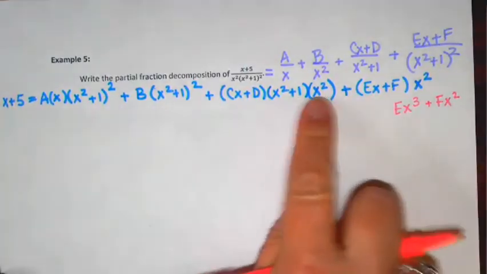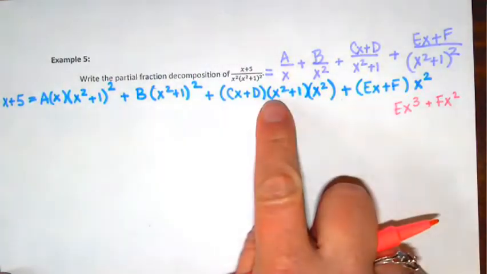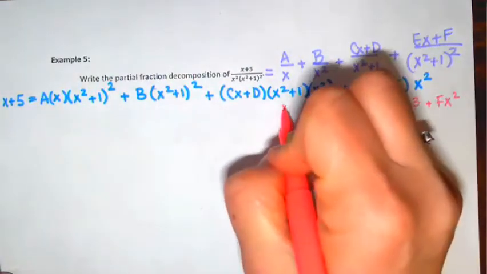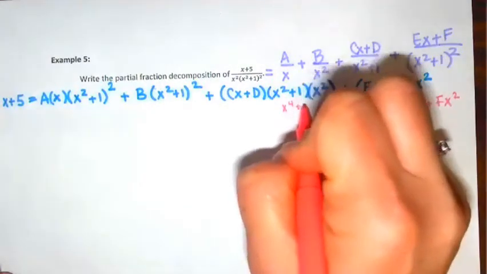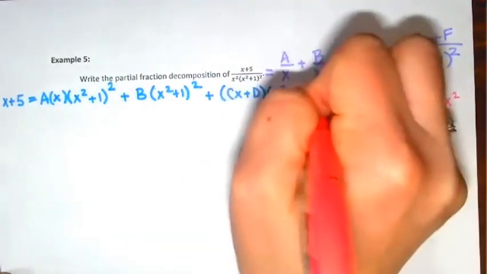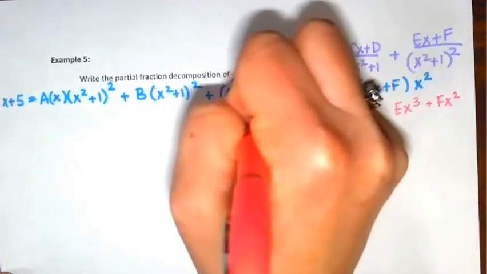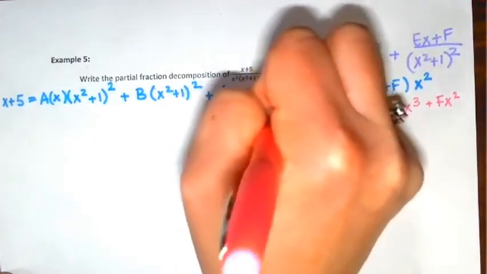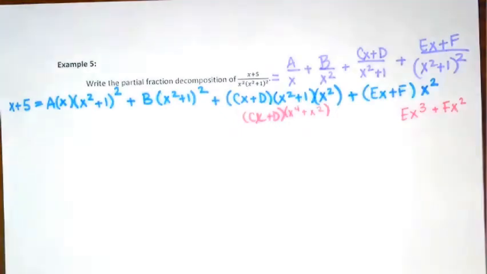Now, when I multiply x squared times x squared plus 1, isn't that x to the 4th plus x squared? Yep. And then I need to multiply by Cx plus D, so wouldn't I have to FOIL that out? It's going to be a lot.